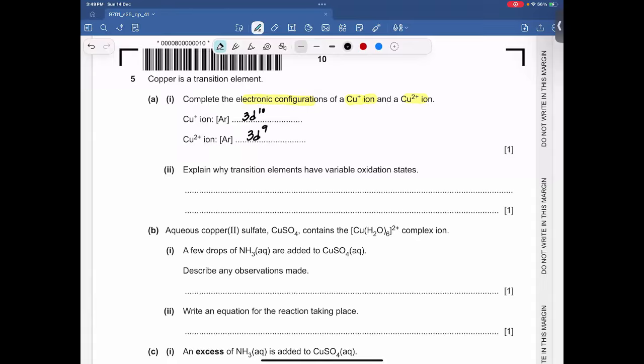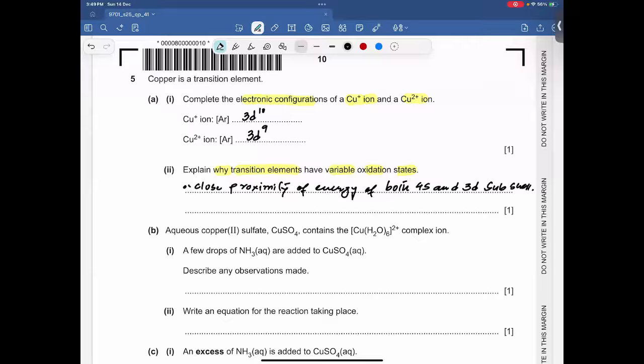Explain why transition elements have variable oxidation state. Well, it has 2 reasons. The first one is close proximity of energy of both 4s and 3d orbital or subshell.